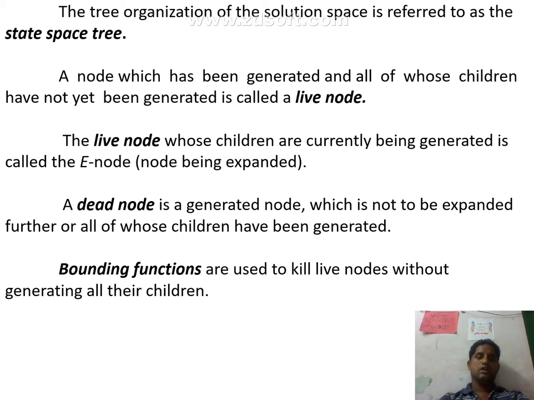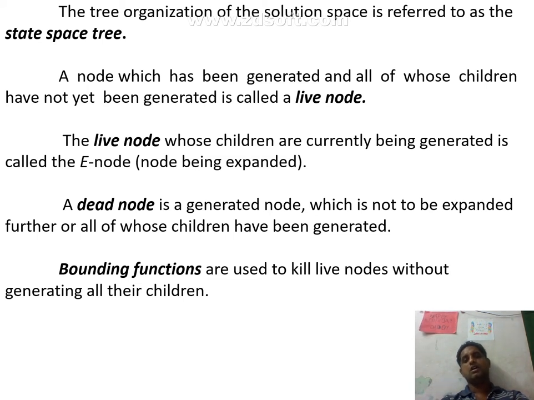And a dead node is a generated node which is not to be expanded further or all of whose children have been generated. Whenever all the children have been generated, it will not be expanded; that is called a dead node. And the bounding functions are used to kill live nodes without generating all their children.